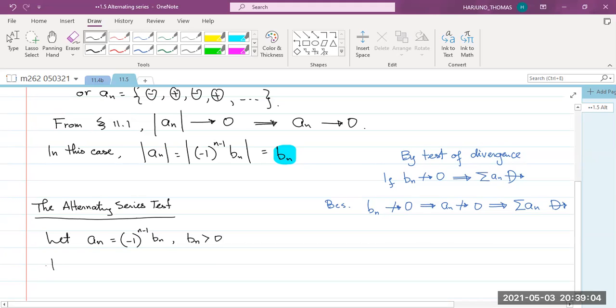Okay, then if the positive part is decreasing down to 0, then the series for A sub n is convergent.